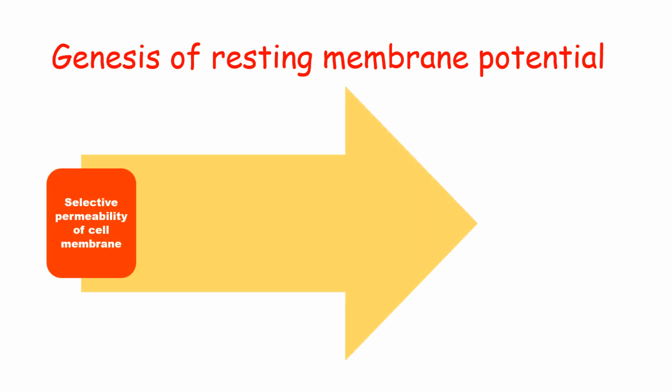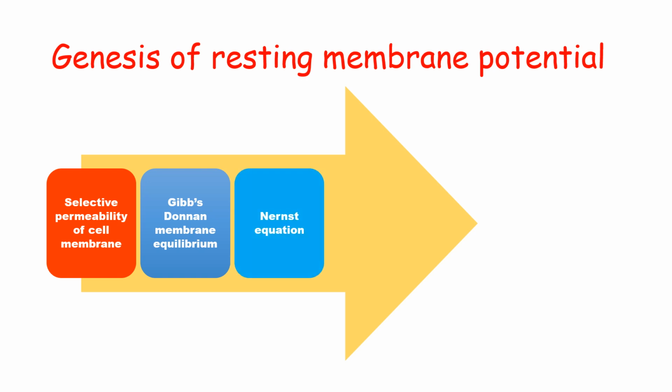Now, since we are clear with the definition of the resting membrane potential, we can move ahead to the genesis of resting membrane potential, how it is generated in a particular cell. We have 5 important factors for the genesis of the resting membrane potential. The first factor is the selective permeability of the cell membrane. Second, the Donnan effect, also known as the Gibbs-Donnan membrane equilibrium.